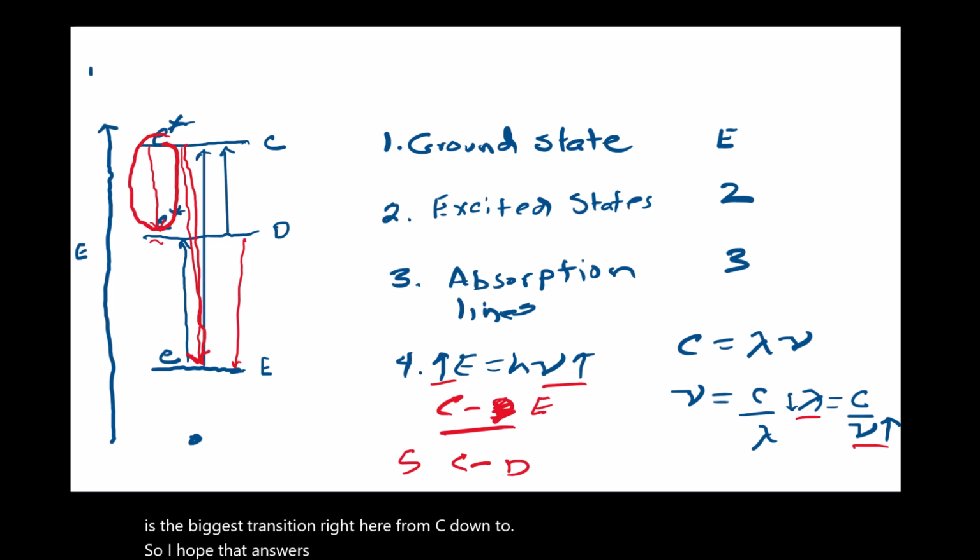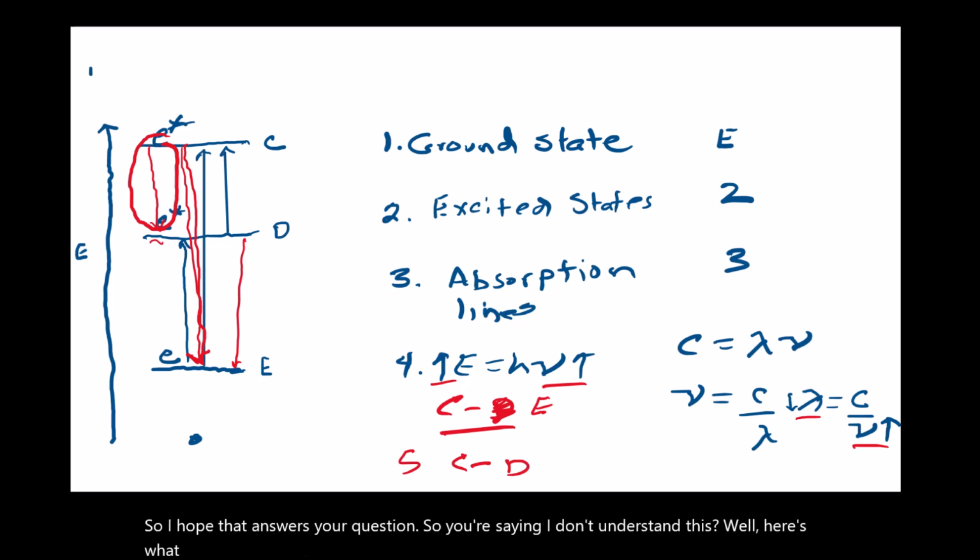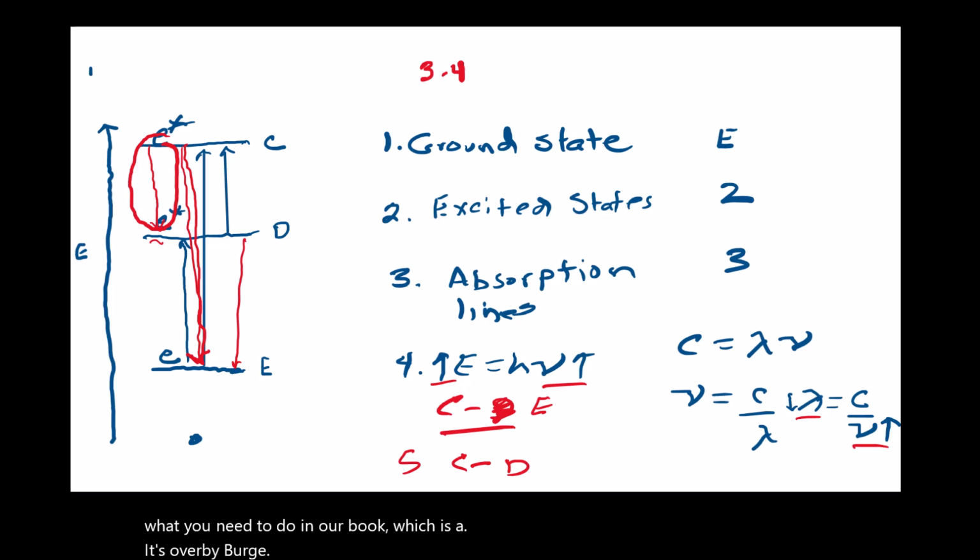So you're saying, well, I don't understand this. Well, here's what you need to do. In our book, which is Overby Burge, section 3.4, you need to read that over again. That part talks about these transitions, and then they label these transitions.